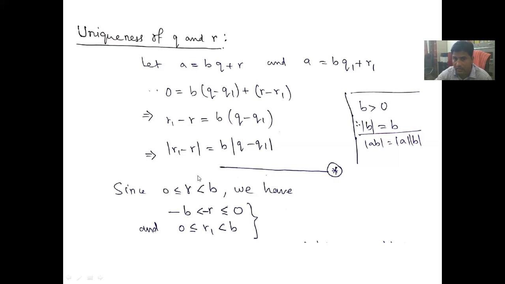And from the first representation, we have minus B less than minus R less than or equal to 0, found by putting a negative sign and changing the inequality.